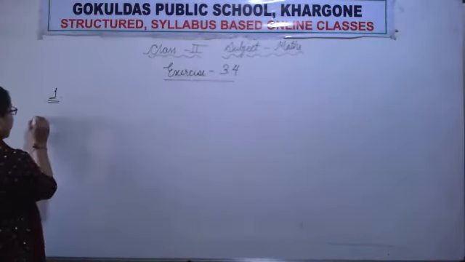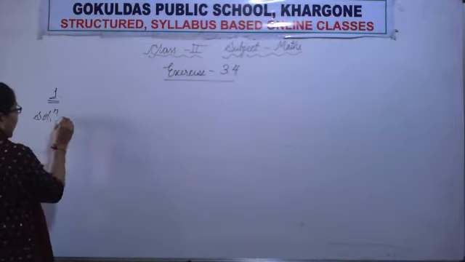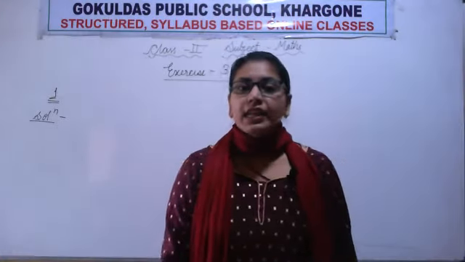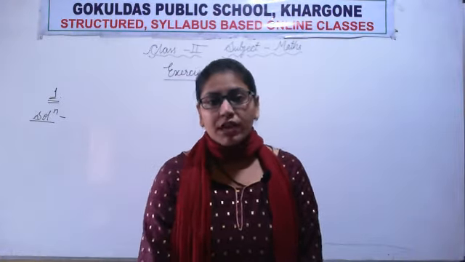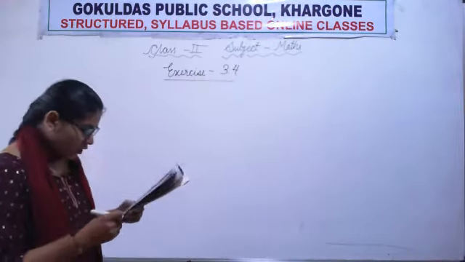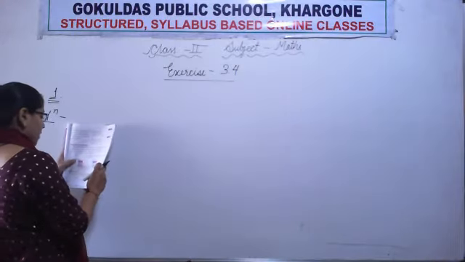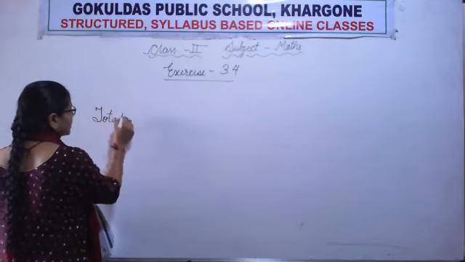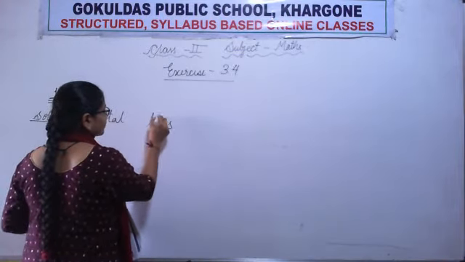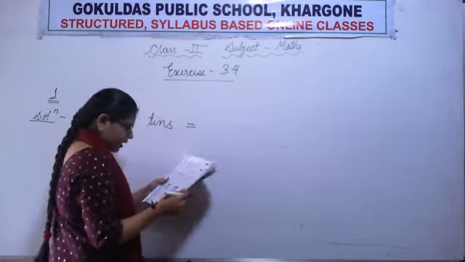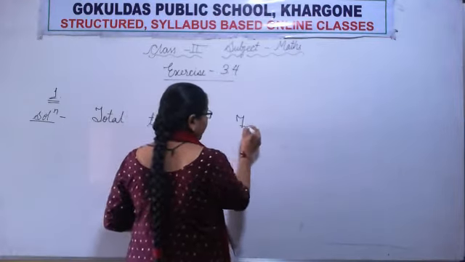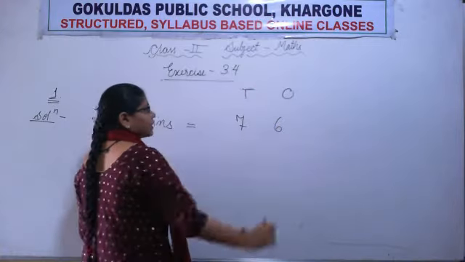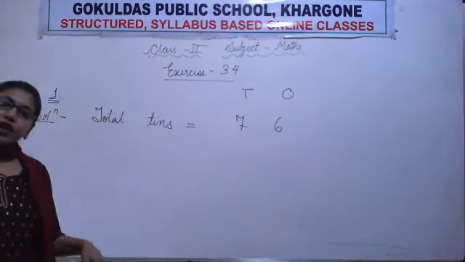First of all, we will write Solution and start solving the question. Firstly, we will write whatever information is given by the question. The total number of tins is given, so we will write total tins: 76. Now, do not forget to write tens and ones.